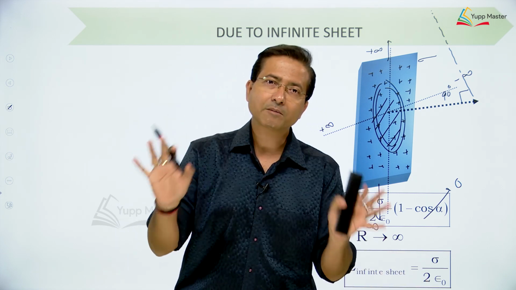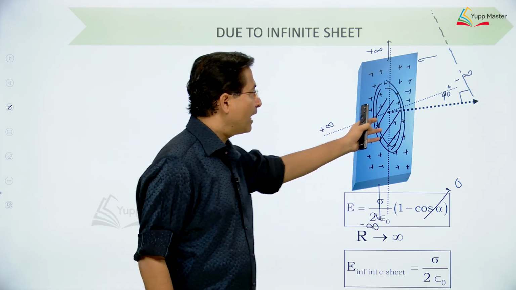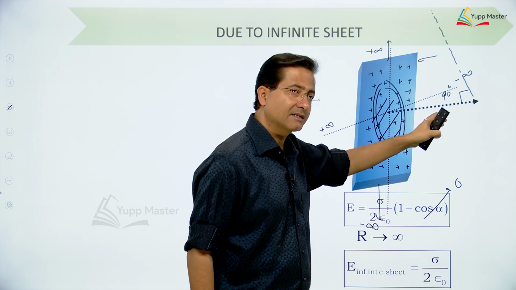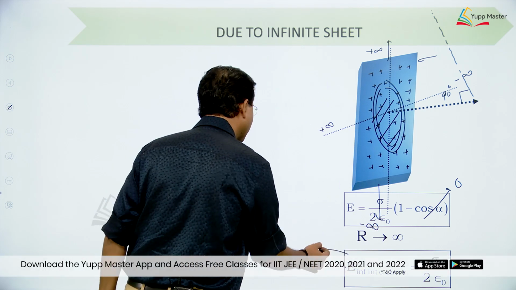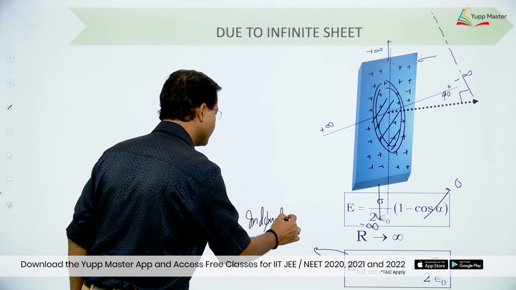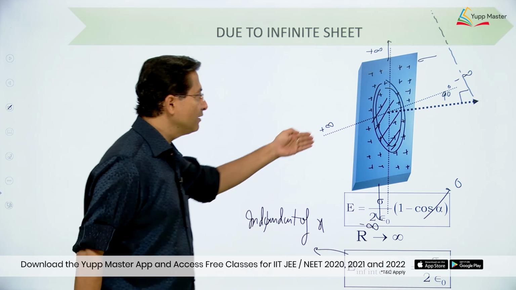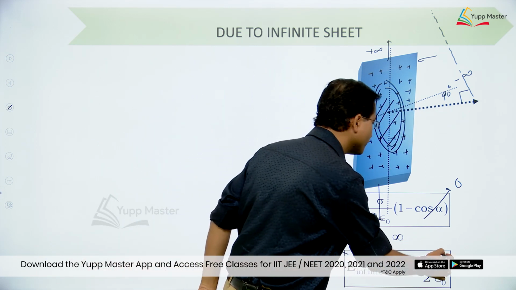So the field created by an infinitely large sheet at one point on this side, which is at some distance x, is independent of x. That means everywhere the field will be the same. This is the example of a uniform field.